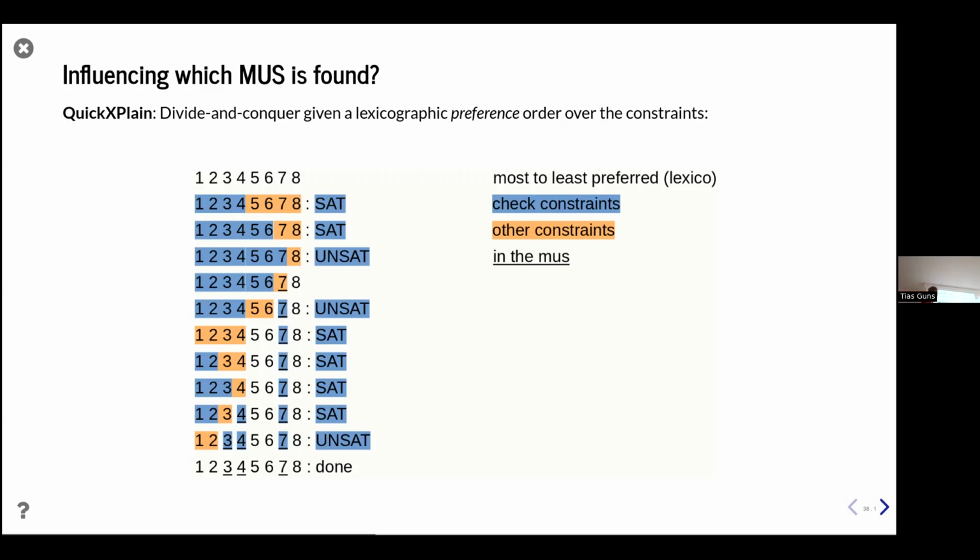Now, in this case, it's a contrived example. It actually needs more calls than the number of constraints. What's the guarantee in terms of the K log n? No, I'm sorry, what's the guarantee in terms of the quality? The quality is a user-preferred ordering over the constraints.